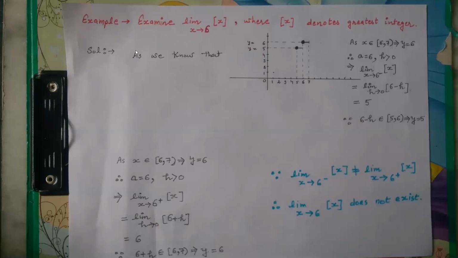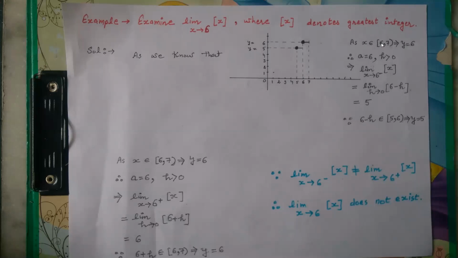Dear friends, we shall try to understand this with one example. Examine the limit as x approaches 6 of the greatest integer function. This denotes the greatest integer. As we know, in the xy plane, 1, 2, 3, 4, 5, 6, 7 are the numbers. So here x belongs to the closed-open interval [6, 7).